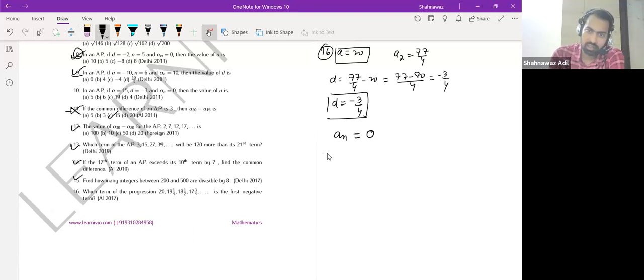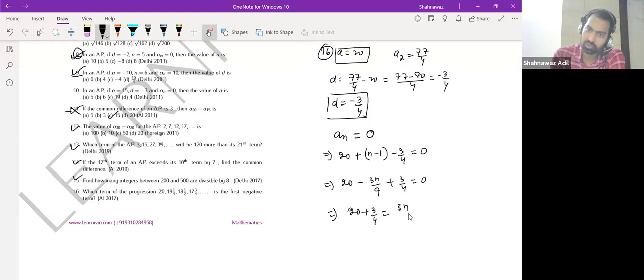Then calculate what would be An. So this is 20 plus n minus 1 into D, which is minus 3 by 4, equals 0. So we have 20 minus 3n by 4 plus 3 by 4 equals 0. We take minus 3n by 4 to the other side. So 20 plus 3 by 4 equals 3n by 4.